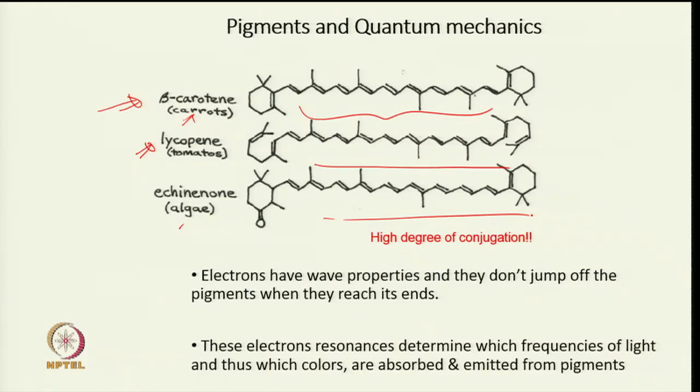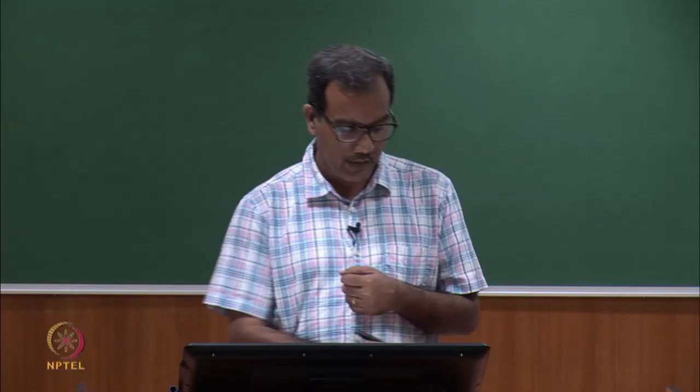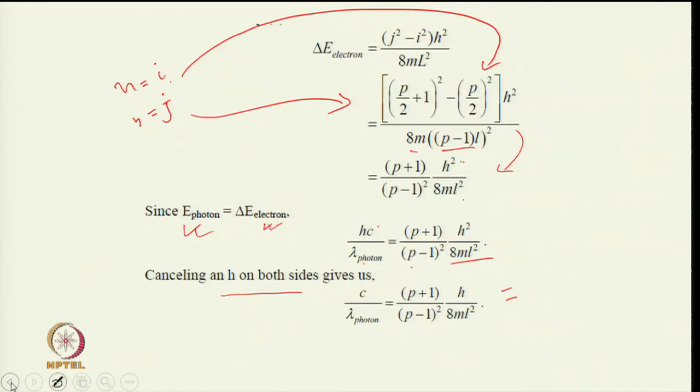You can think of electrons as having wave property, and they do not jump off the pigment when they reach its end. The electron resonance determines which frequency of light, and thus which color, is absorbed or emitted from the pigment. So, it is not very difficult to calculate that. I have already told you that if there is p electron in conjugation, then this is the formula which can be used to calculate the value of lambda.